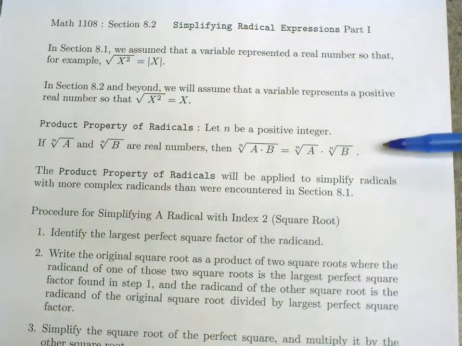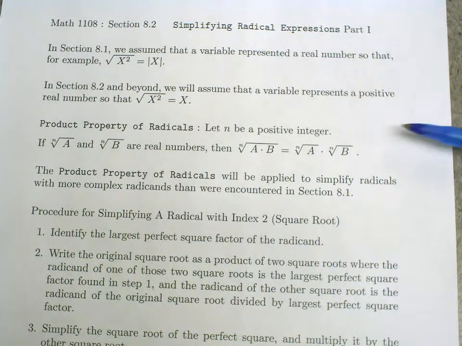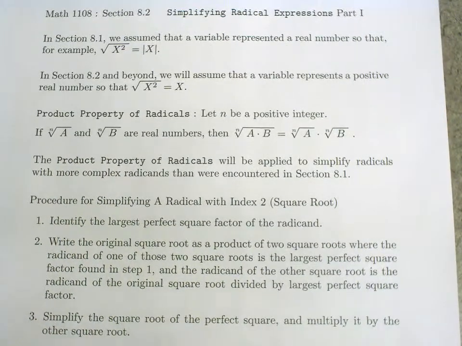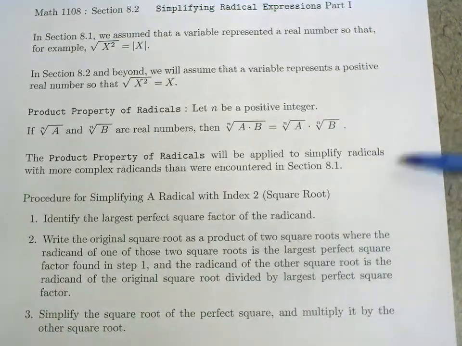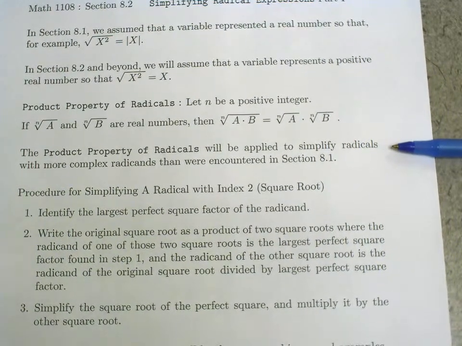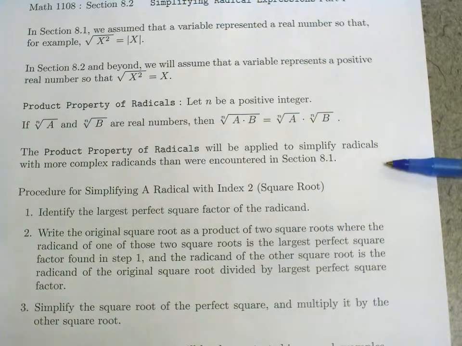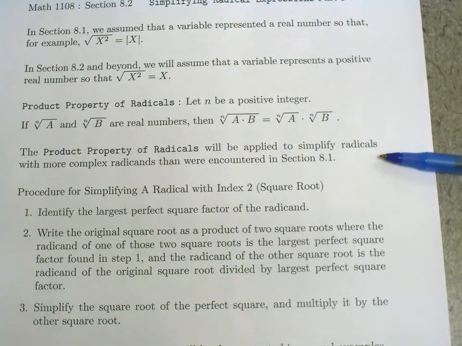We will be applying this product property of radicals when simplifying radicals of different indexes, square roots, cubed roots, and so on. The product property of radicals will be applied to simplify radicals with more complex radicands than were encountered in section 8.1.